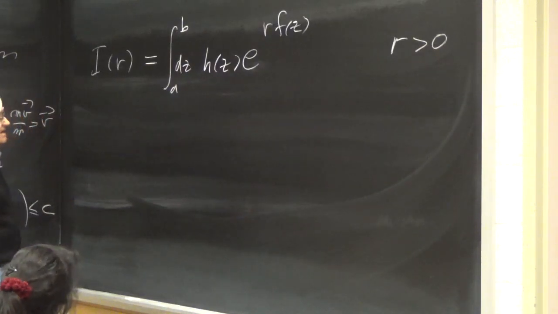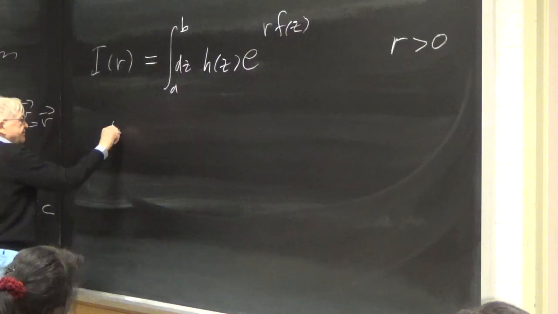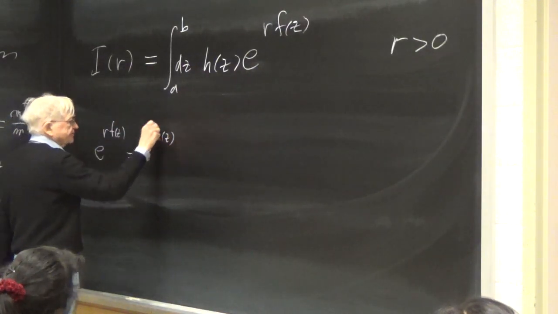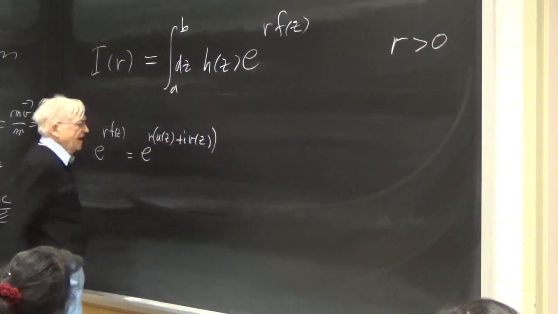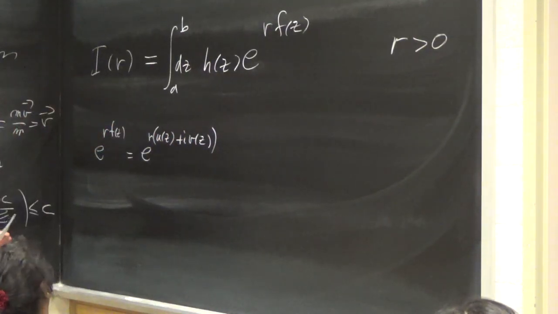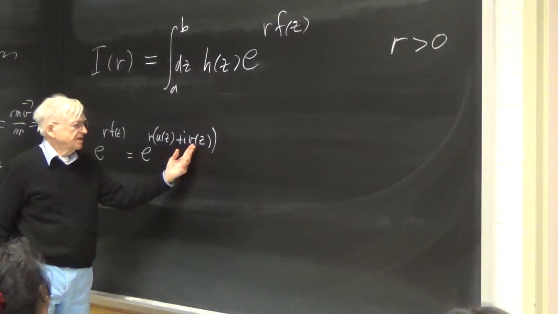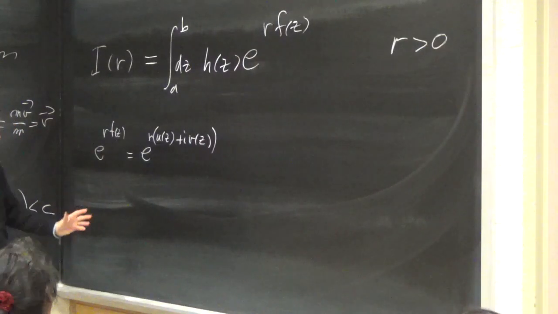So what's the idea? The idea is that this e to the r f of z is going to be e to the r times u of z plus i v of z. And this factor isn't going to influence things too much.